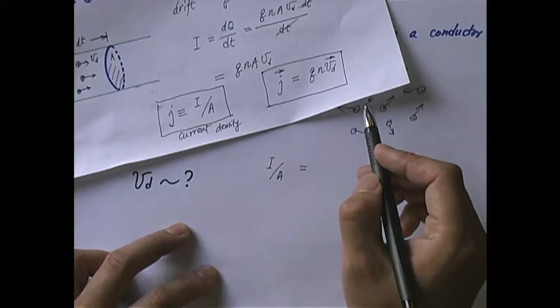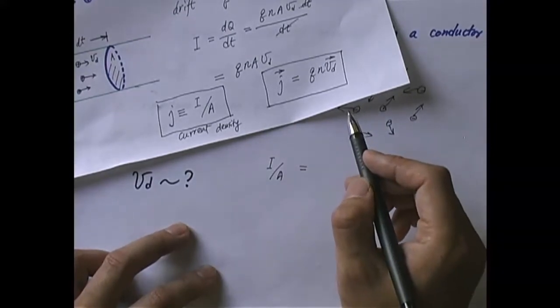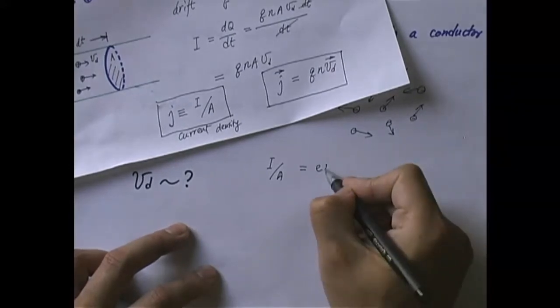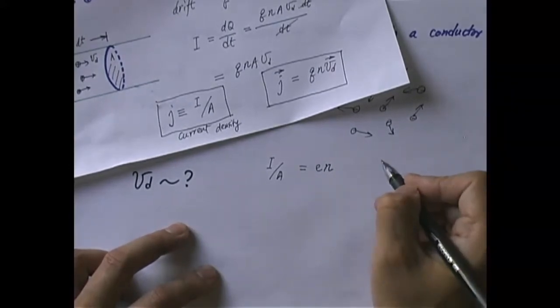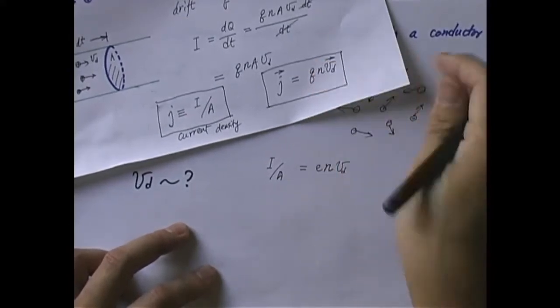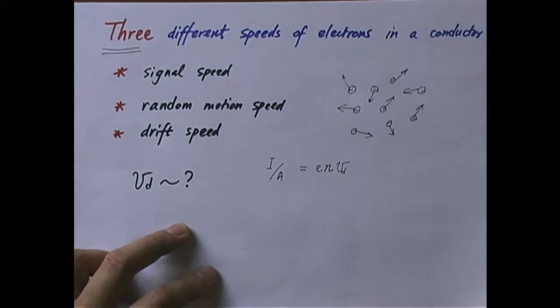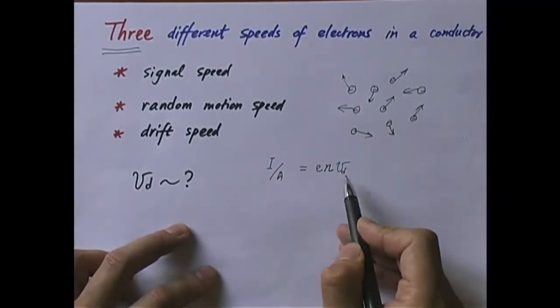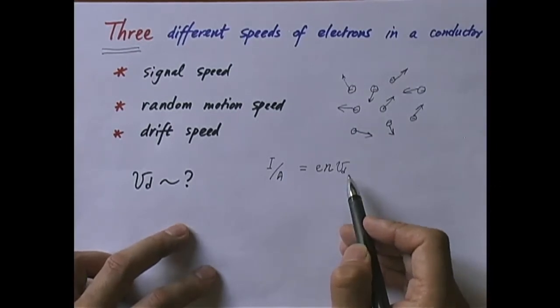Q is the charge carried by each of the mobile electrons, so it's actually e, looking at the magnitude only, times n, the number of free or mobile electrons per unit volume, times v_d. Now you can see clearly that all I have to do is find I, A, e, and n, and then I can solve for v_d.